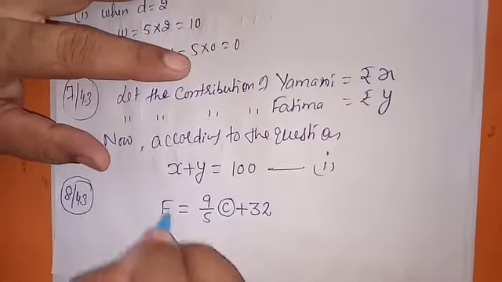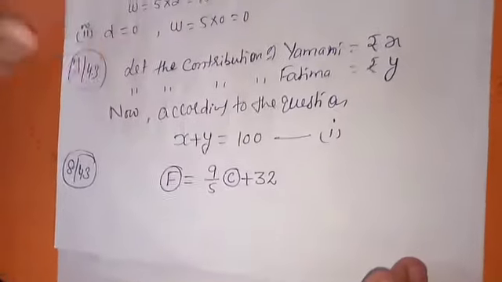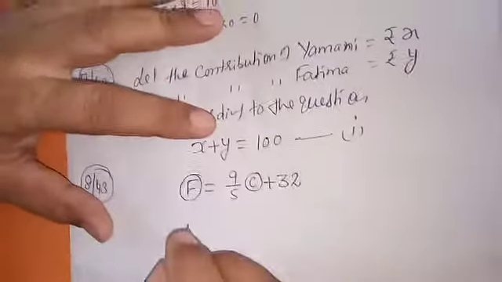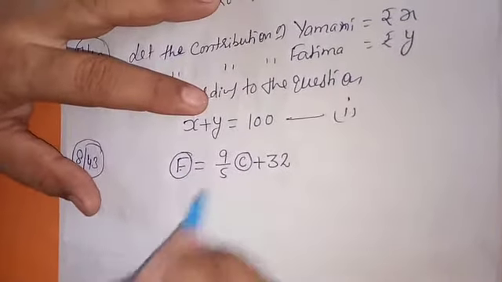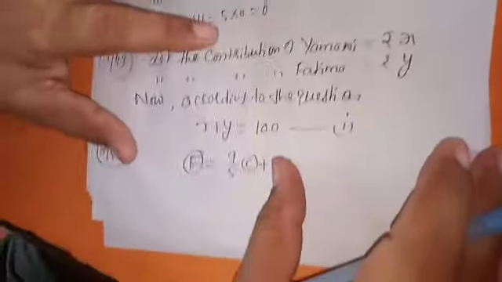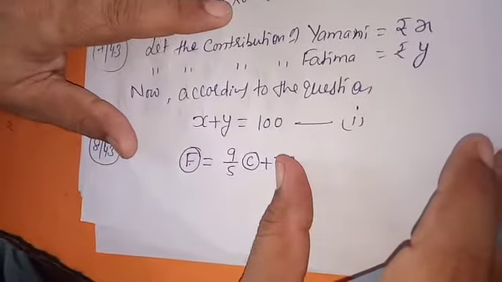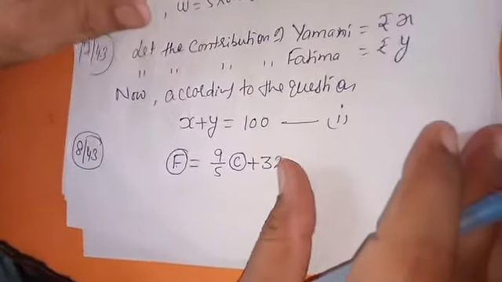Here one variable is this and another variable is this. So it is a linear equation in 2 variables. Which variables? Fahrenheit and Celsius are its variables. Draw the graph of the linear equation above using Celsius for the x-axis and Fahrenheit for the y-axis.